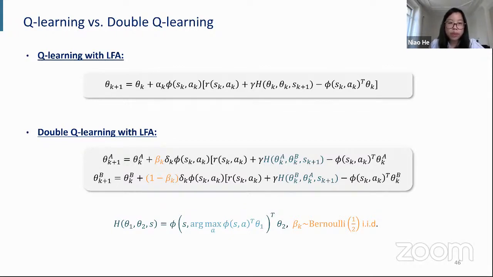So at every iteration, we either update A or B. As we mentioned earlier, the essence here is really to use one estimator for selecting the best action or the greedy policy, and use another estimator to evaluate the value function.